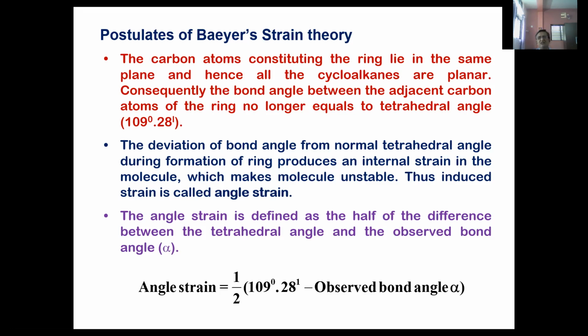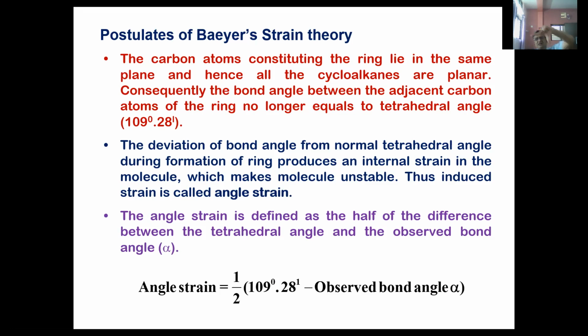In this case, every atom or every group is far away from each other. That becomes highly stable. Suppose we forcibly bring the bonds together to form a ring structure, consequently the bond angle is no longer equal to the tetrahedral angle.